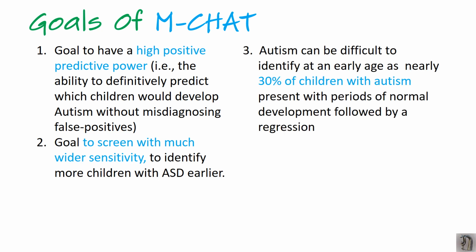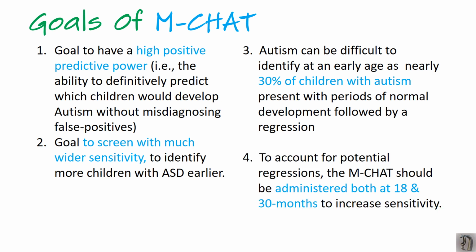Autism can be difficult to identify at an early age, yes, because even if you start at 3 years, it is very difficult to observe, as that is still a developmental period of the child. So 30% of children with autism seem to have normal development in that period. That's why we need to be very careful, and with this checklist you can assess at the age of 30 months. To account for this, M-CHAT can be administered at 30 months, as I said.